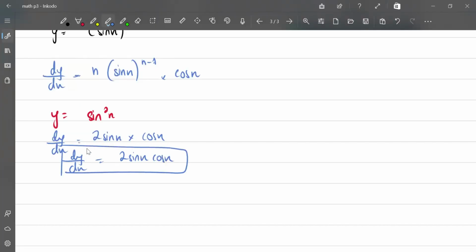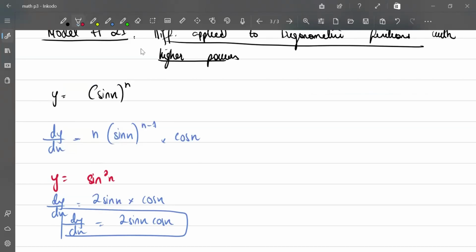All right, and let's say if we have cos cube x, dy over dx is 3 cos to the power 3 minus 1, square x into differential of the bracket, right? The differential of cos x is negative sine x, right?